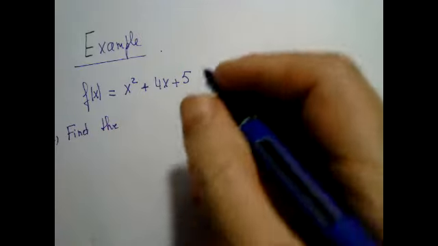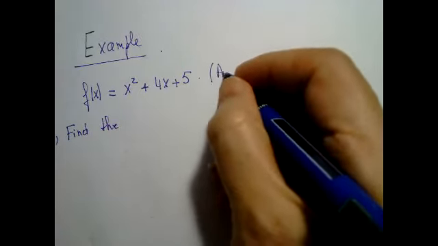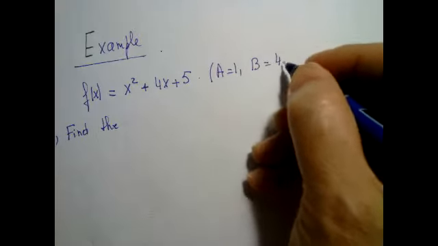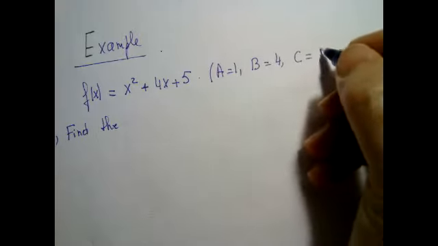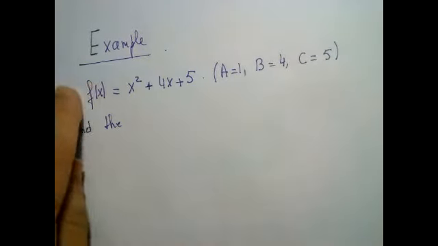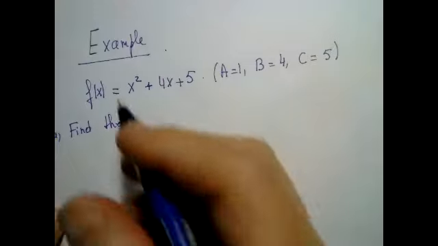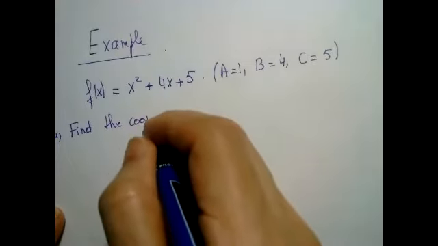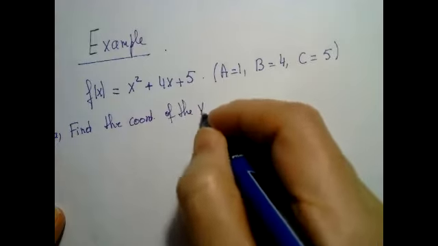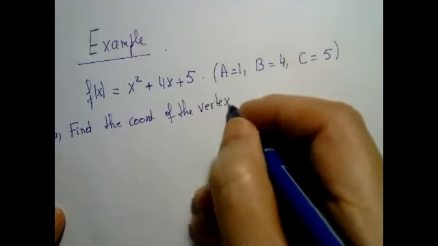That's a typical quadratic. My a is 1, my b is 4, and my c is equal to 5. This is the a, the b, and the c. And then we sketch it very well.